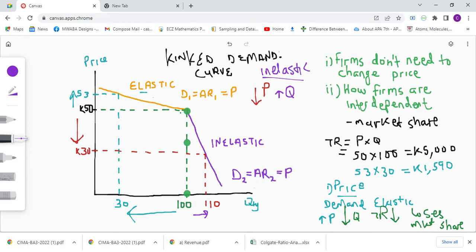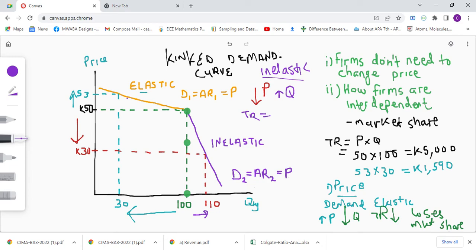So one thing I forgot to mention about this graph is that we have got two demand curves. The first, above our price level, is elastic, and below our price level, it is inelastic. So this is all due to interdependence of firms. So once this firm reduces the price, let's see what happens to the total revenue.